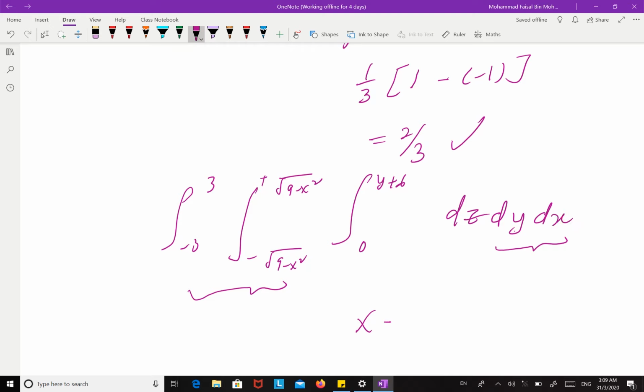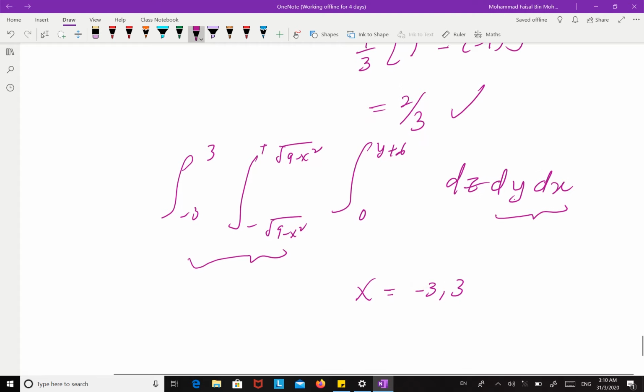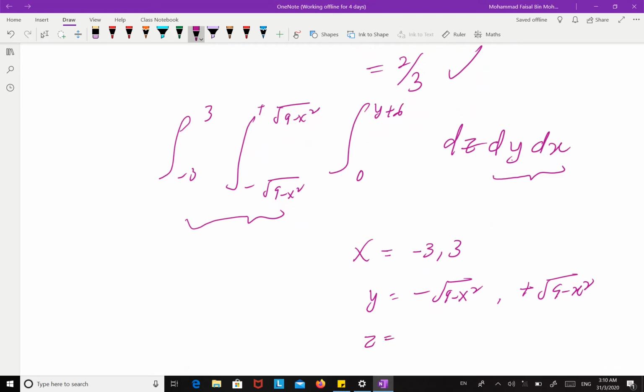Okay, so your x is given from negative 3 to 3. Your y is negative square root 9 minus x squared to positive square root 9 minus x squared. z from 0 to y plus 6. Okay, you can see here, this is a constant, this is a plane, and this somehow is like a circle.